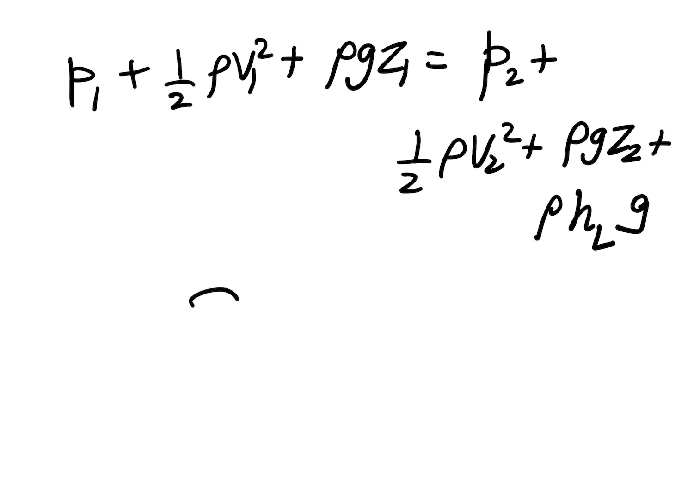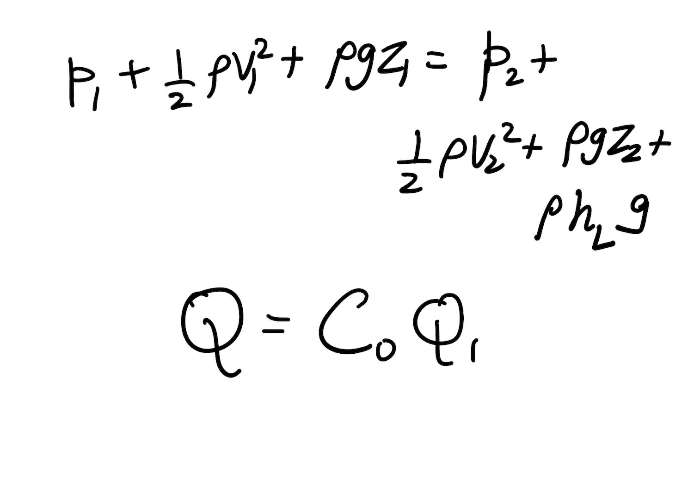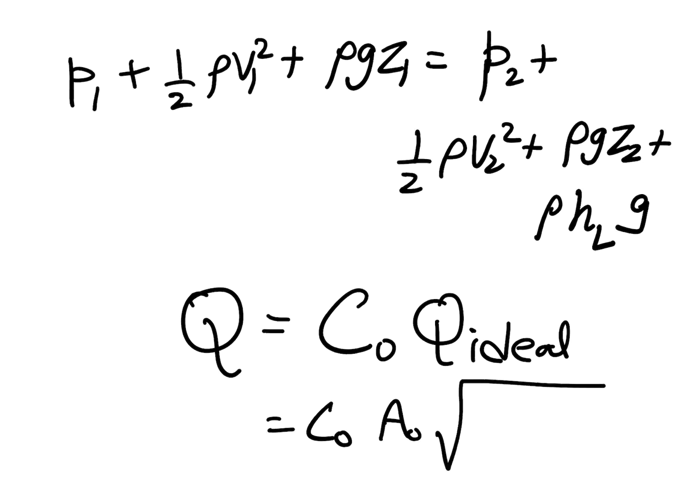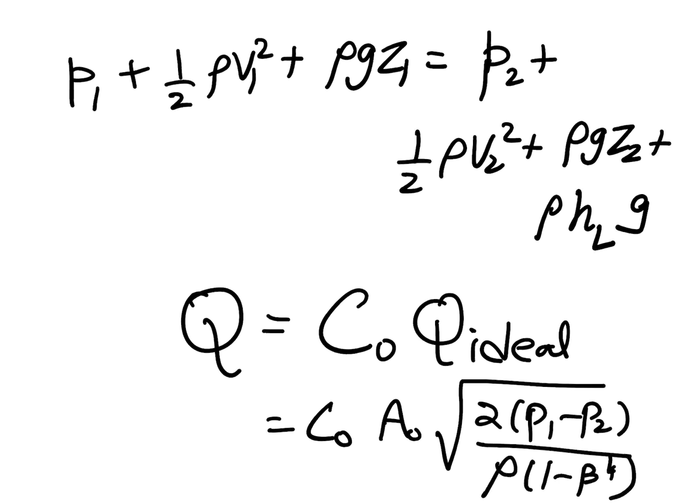In this case, the flow rate can be calculated as C naught times the ideal flow rate derived in the previous slide, which is C naught times A naught times the square root of 2 times (P1 minus P2) divided by rho times (1 minus beta to the fourth).